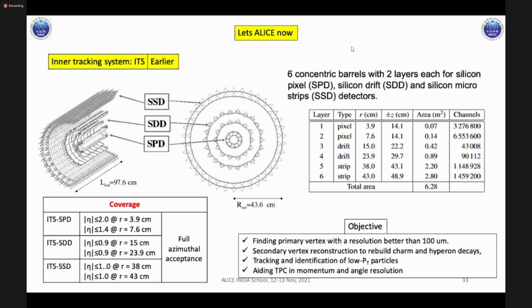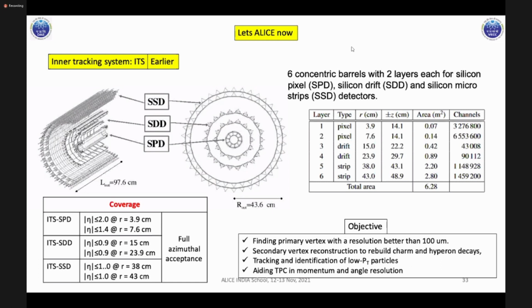So the innermost detector, SPD, has coverage 2 to 3.9. Okay. And for SDD, it has coverage plus minus 0.9. And SPD, I was telling wrong, it is plus minus 1.4. And then SSD is plus minus 1.